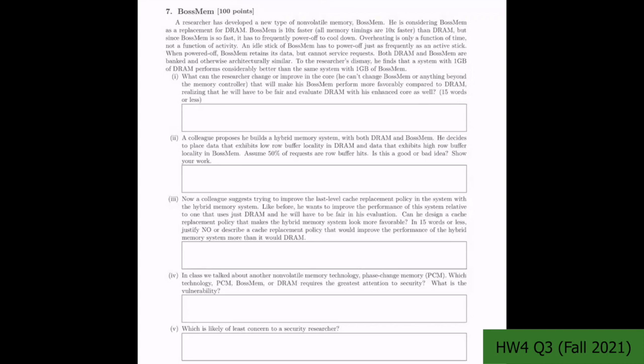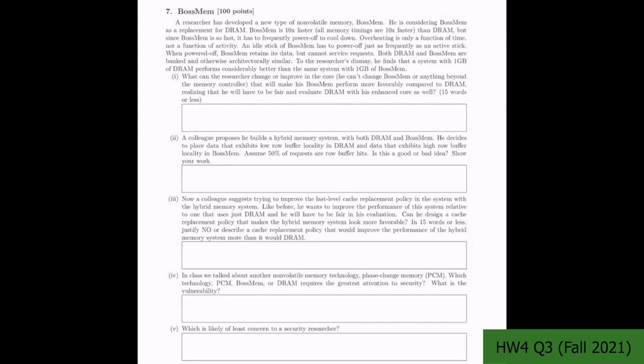But since BossMem is so fast, it has to frequently power off to cool down. Overheating is only a function of time, not a function of activity. An idle stick of BossMem has to power off just as frequently as an active stick.